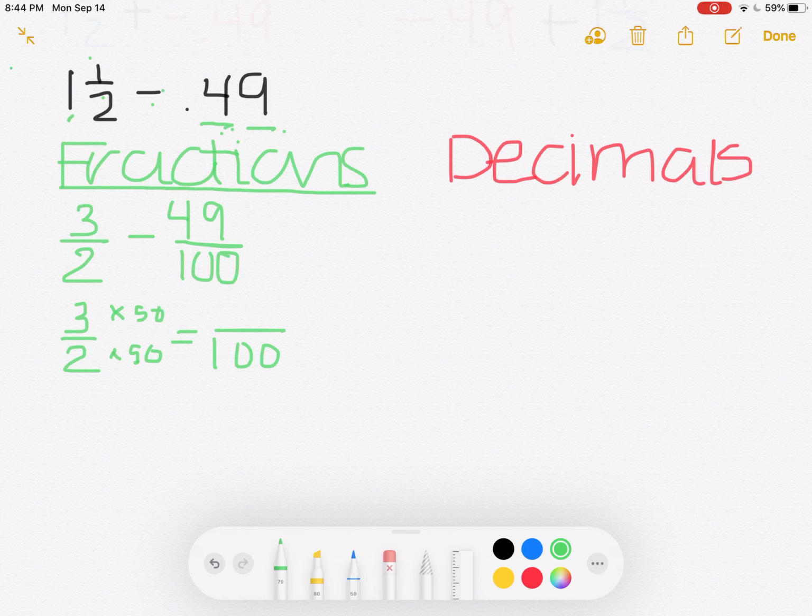And so when we do that for the numerator as well, 3 times 50, we get 150. So now I can plug this back into my equation. So 3/2 is equal to 150 over 100 minus 49 over 100.